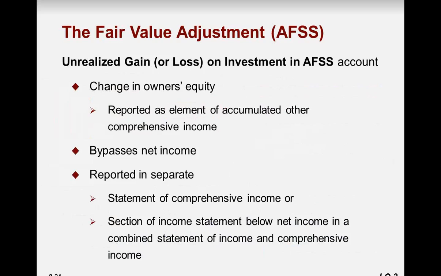Again, it's reported as an element of accumulated other comprehensive income. It bypasses net income in your financial statements altogether. It's reported in a separate statement of comprehensive income or a section of income below the net income, which is what I just said, in a combined statement of income or comprehensive income.